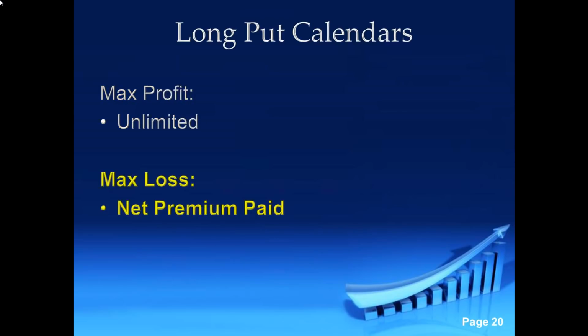All right. Max loss is always the net premium you paid on a debit spread. This is a debit spread, right? When we're putting this strategy on, it's always going to be a debit spread because that longer duration has more theta in it, right? We're still picking out of the money options, but that longer duration has more theta in it. It's worth more.